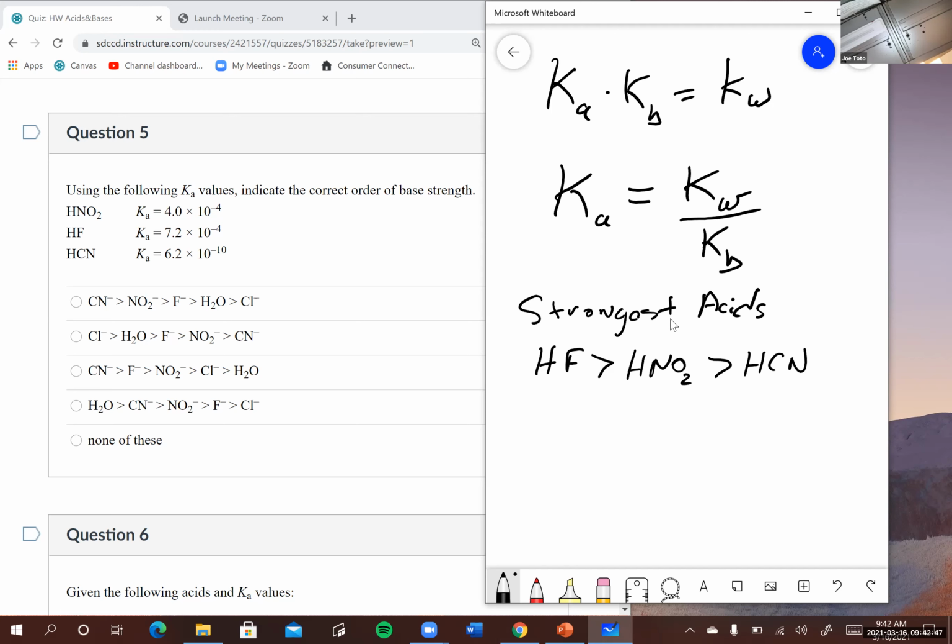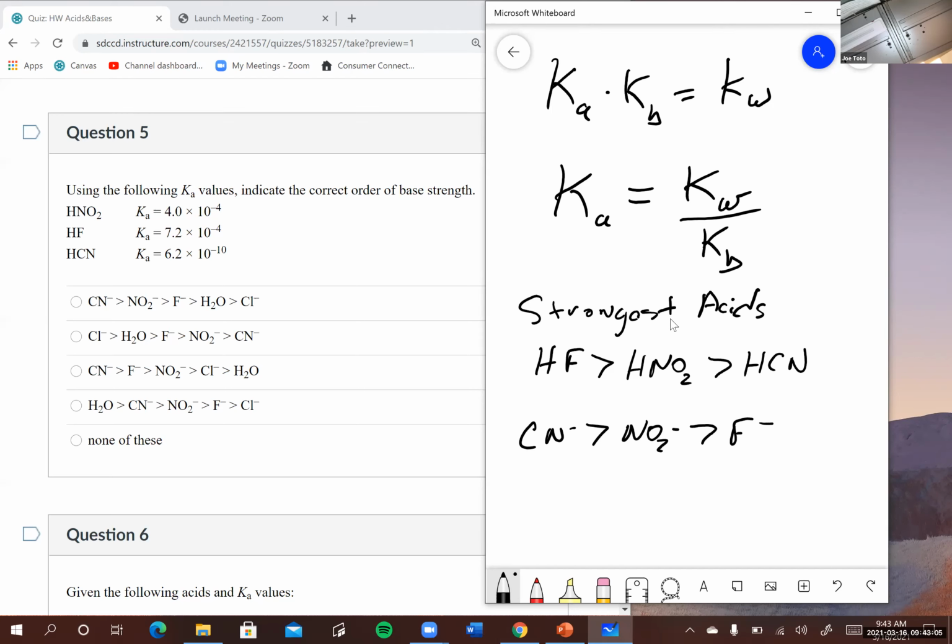So right off the bat, that must mean that the conjugate base CN minus has to be greater than the conjugate base NO2 minus, which is greater than F minus.